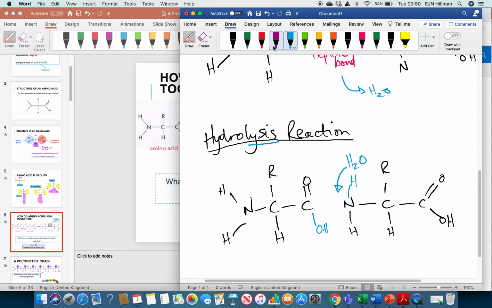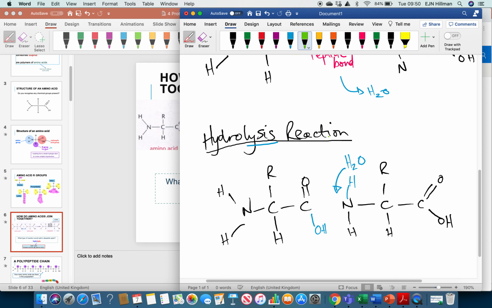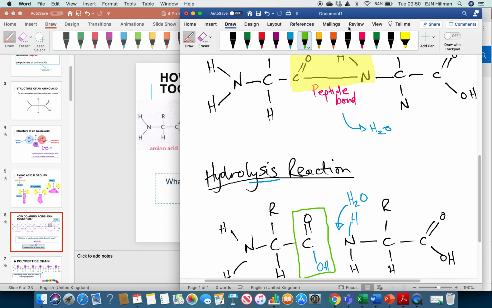If we just go back to our diagram at the top, so I've got my carboxylic acid group in green here, and the, how do I do that?